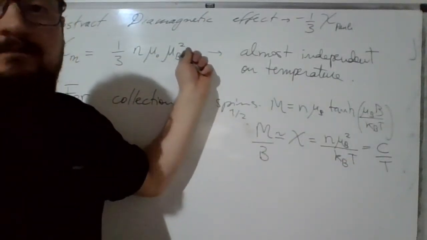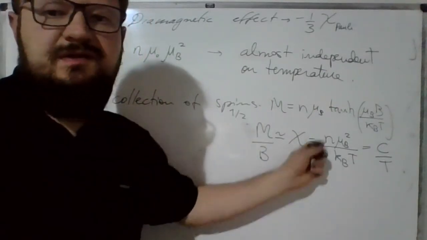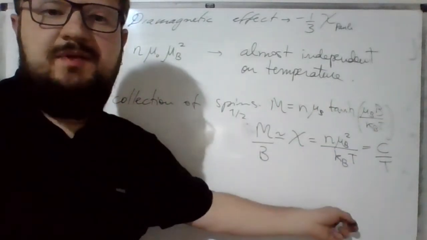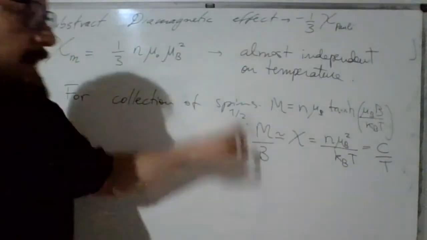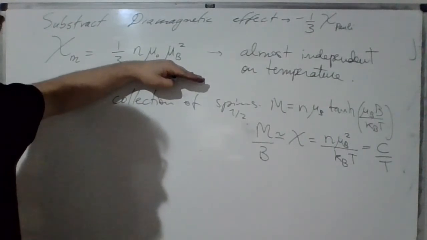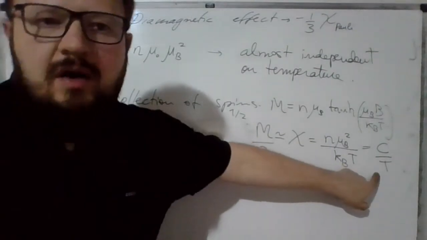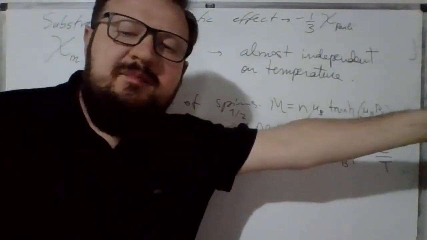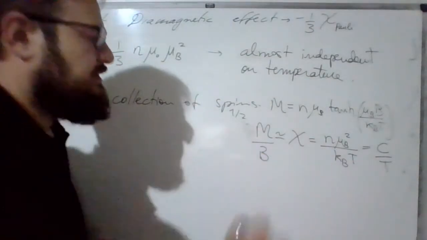Compared to the Pauli paramagnetism, you can see this depends on 1 over the temperature, and this is almost constant in temperature. The Pauli paramagnetism for a Fermi gas will produce that result only for very high temperatures. This is a result for high temperature.